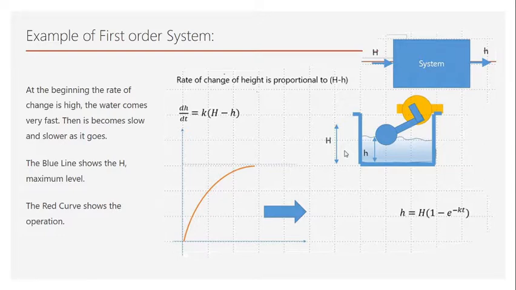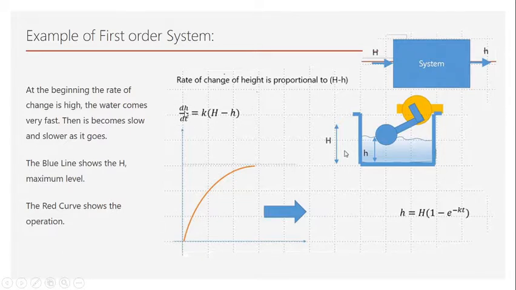So gradually the orange color is going to be very close to the blue line, and the blue line that you can see in this plot is going to show our maximum value, or capital H in this case. So here the equation that we are using has a derivative, and the derivative is a first order derivative.